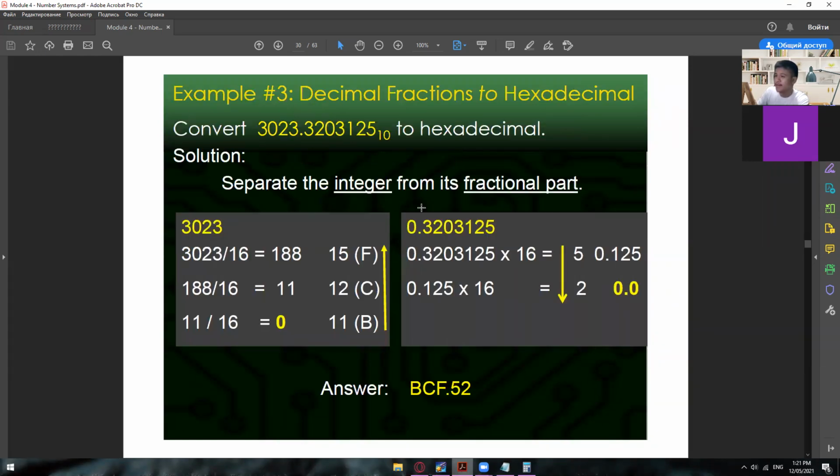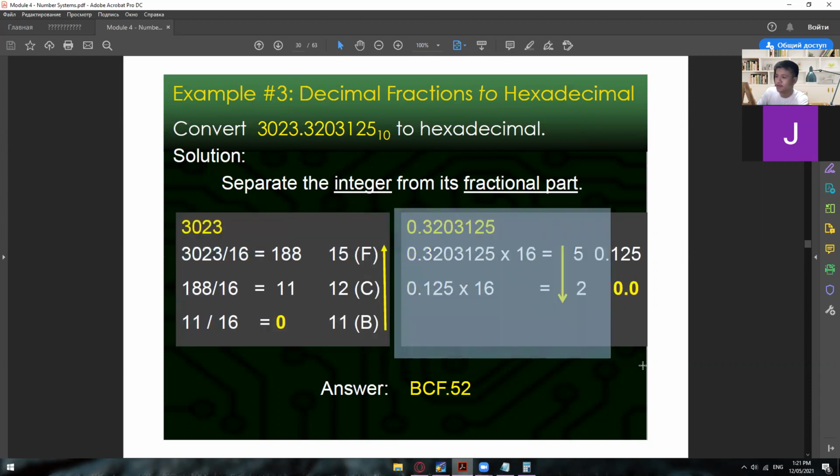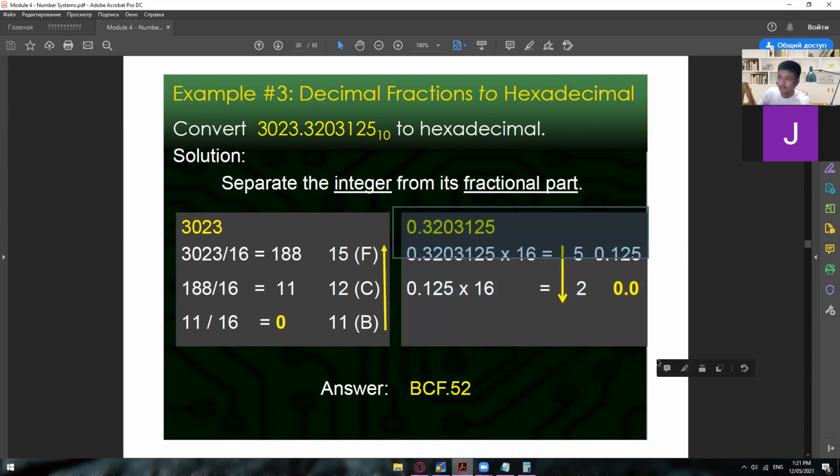Moving on, we now have a combination of whole number and the decimal, or the fraction part. All you need to do is solve them separately: one solution for the whole number, and then another solution for the fraction part. Whatever you have learned on how to convert the whole number decimal into any base, just apply that right here. The same with the fraction.